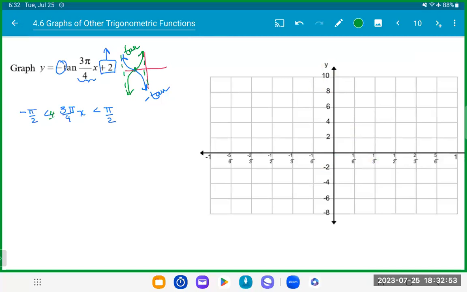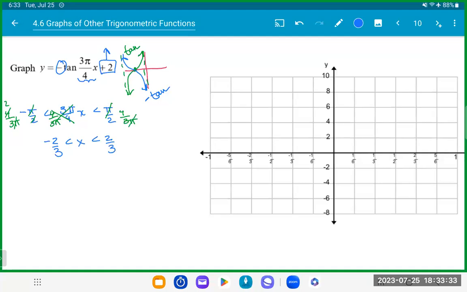If I do 4 over 3 pi, you'll see this cancels, leaving me with x here. The pi is going to cancel in each of those, and the 2 is going to cancel here. And that's going to leave me with negative 2/3 is less than x is less than positive 2/3.